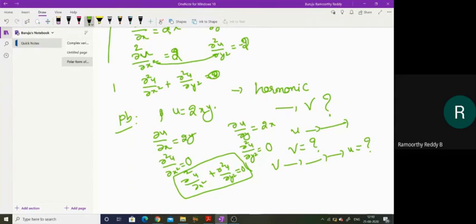So these are definitions. What is harmonic function? If it is harmonic, then we say V is a harmonic conjugate of U if f of z is u plus iv. If f of z is u plus iv, and u is a harmonic function, then V is said to be the harmonic conjugate of U. Right? One thing: both are not harmonic conjugates of each other. That means if U is a harmonic conjugate of V, then V is not a harmonic conjugate of U. If U is harmonic, V is the harmonic conjugate.